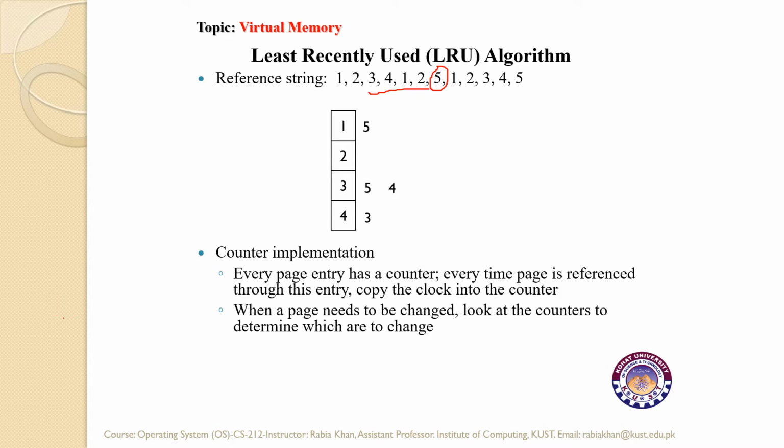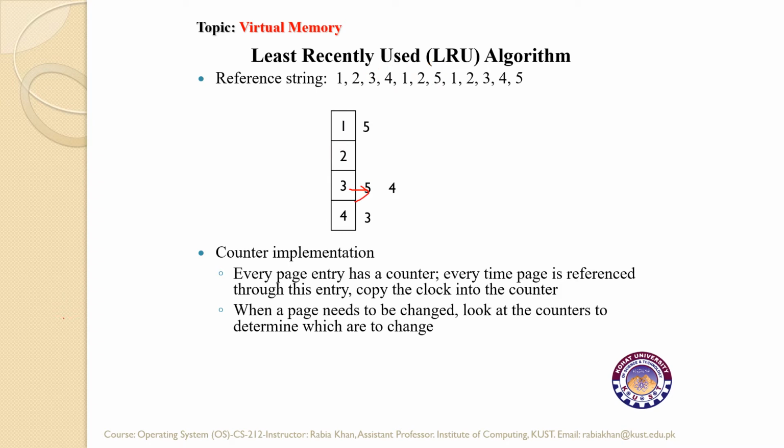We can see page number 2 is used in the recent past, so we cannot replace it. Page number 1 is further away, so we cannot replace it. Page number 4 is a little more away, while the farthest away is page number 3. So page number 3 is the one that is used least in the past, and we can replace page number 3 with page number 5.